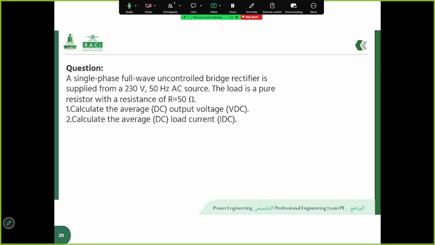Since the load is purely resistive, the average load current can be directly calculated using Ohm's law. IDC equals VDC over R, yielding approximately 4.14 amp. So this example clearly demonstrates how full wave rectification improves the DC output level compared to half-wave rectification, making it more efficient for power conversion applications.